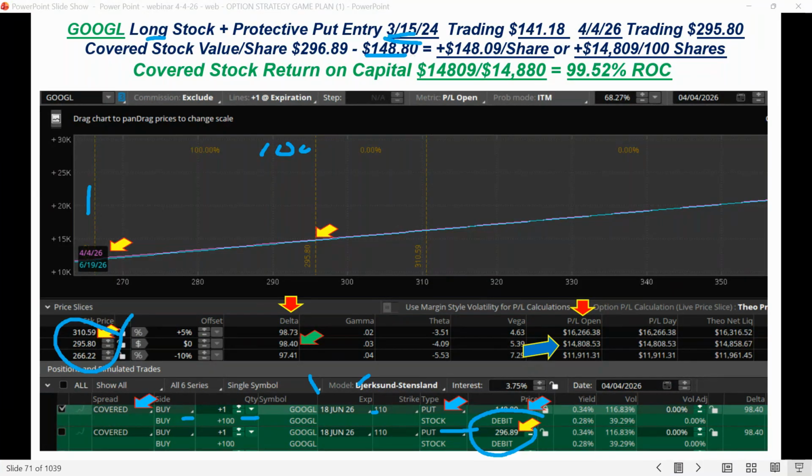All right, so your difference is your profit per share, based on today's date. So that's $148.09 per share, or if you did 100 shares, to make it equivalent to one option contract, you're up $14,809. So not bad. So your return then on your capital at risk is you're up 99.5% return on capital.